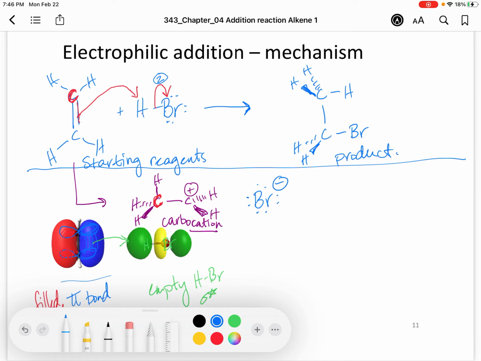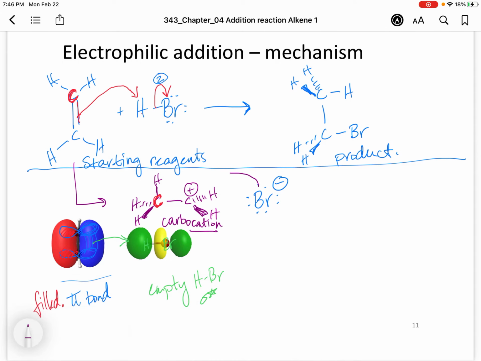So what's going to happen now in our mechanism is that we're going to attack this carbocation. The Br minus, I like to draw the arrow from the lone pair. Remember, these arrows mean electrons, so it's really not correct to draw from the negative charge per se. So this bromine's going to attack this carbon, and then we're going to get our product.